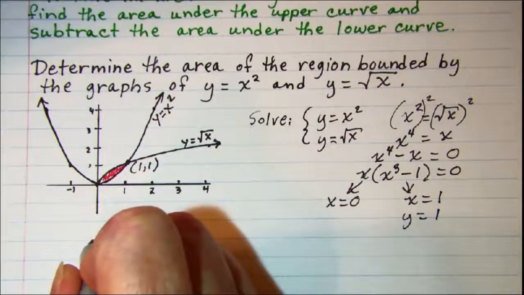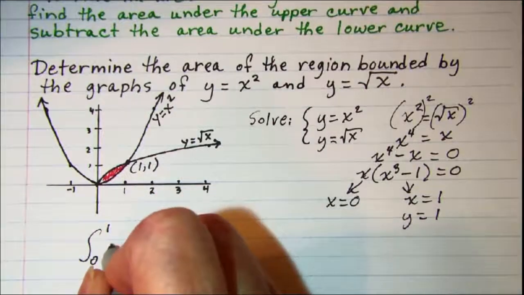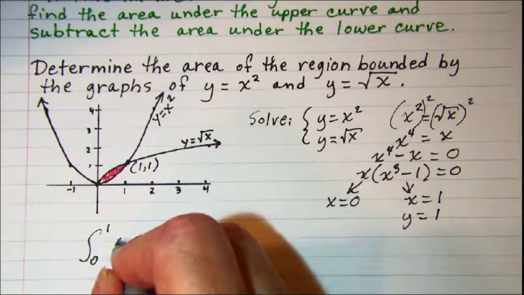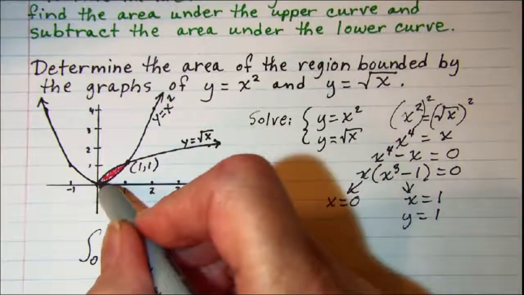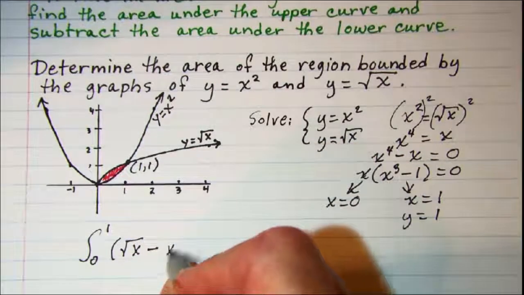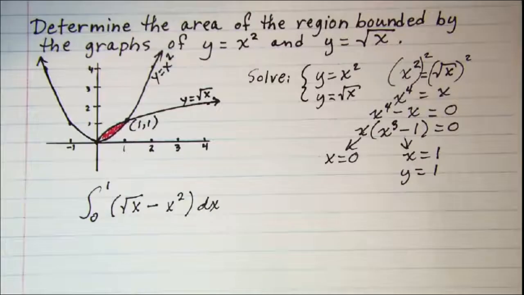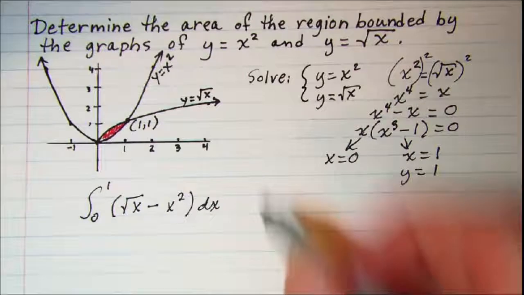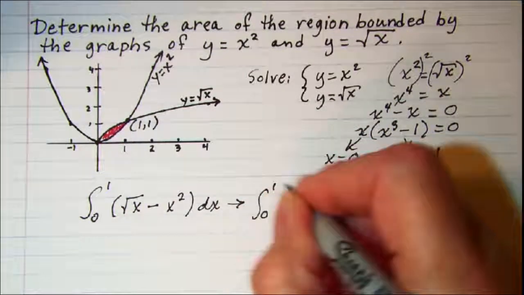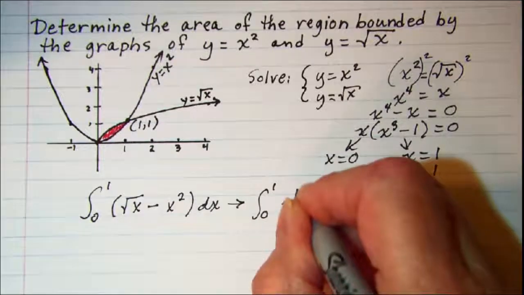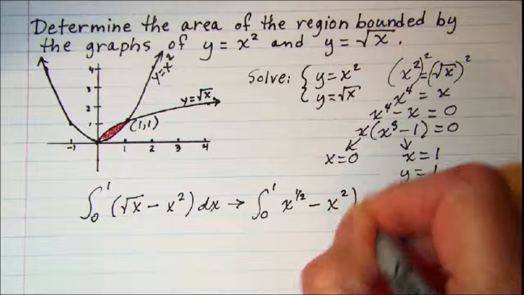So we have the integral from 0 to 1 of square root of x minus x squared. So let me write this radical with an exponent. This is the integral from 0 to 1 of x to the 1/2 minus x squared.